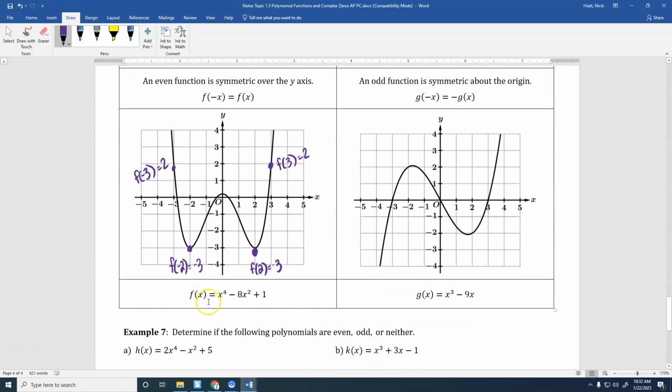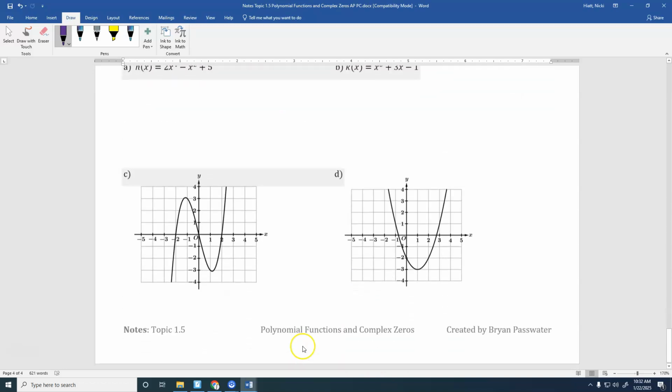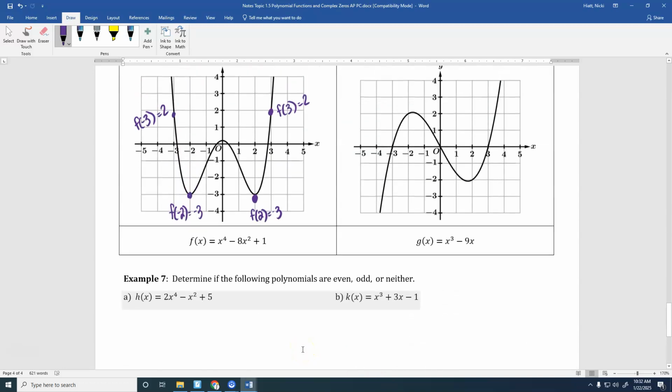Here, they give you an example of an equation, which is x to the fourth minus 8x squared plus 1. If you have an even function, all exponents are even.